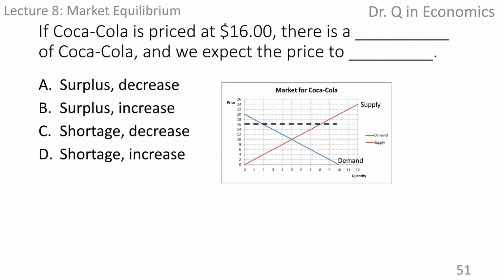At $16, such a high price, the amount willing and able to be afforded by consumers is pretty low at 2, while the amount supplied is very high at 8. There is a surplus of 6, and the price ought to decrease to an equilibrium at 10 and a quantity of 5.